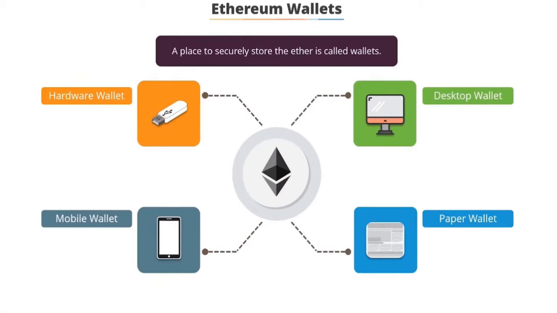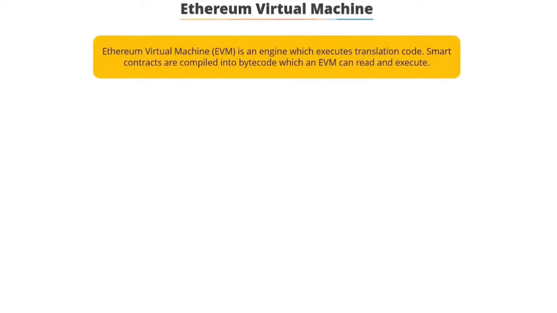Now that I have told you about Ethereum and its currency, it will only be fair that I explain EVM now. Ethereum Virtual Machine, abbreviated as EVM, is an engine which executes translation code. Smart contracts are compiled into bytecode, which an EVM can read and execute.